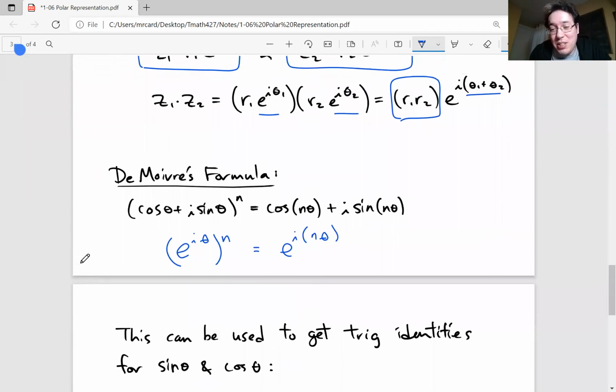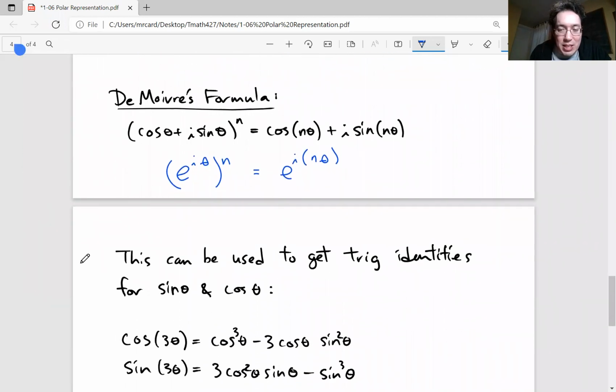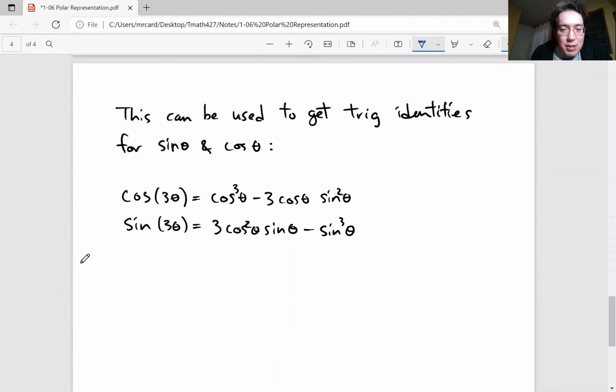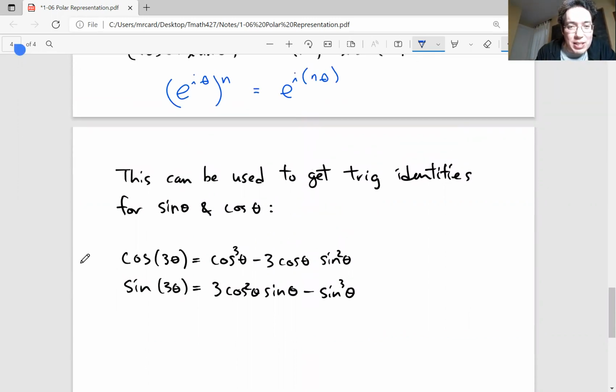But actually, this could be used to get all the double angle, triple angle formulas in trig as well. How do you do that? So I think I asked you to do this for the triple angle formula in the homework. So maybe I'll do the double angle formula.